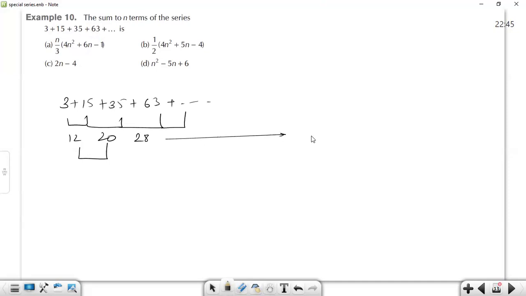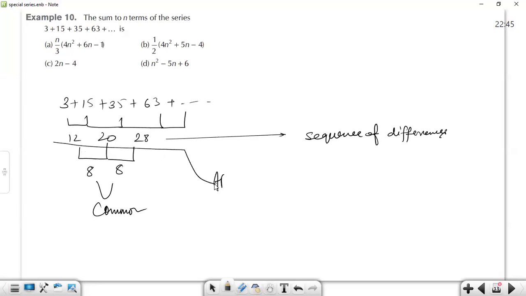This is the sequence of differences. Now, assuming this is a sequence, the common difference here is 8. The difference here is also 8. So this is common, so this is an AP. Clear?